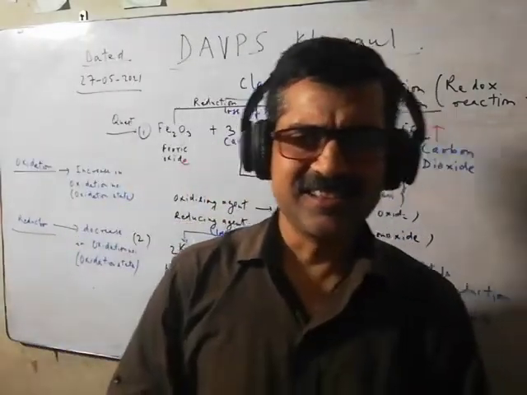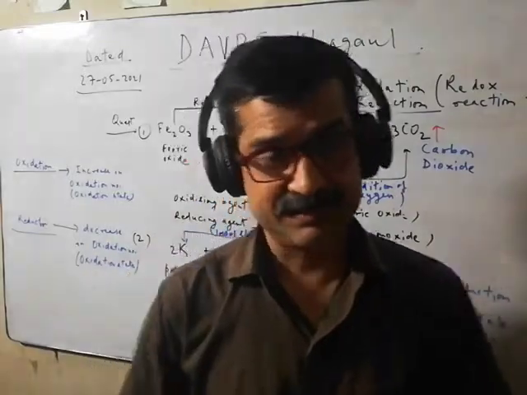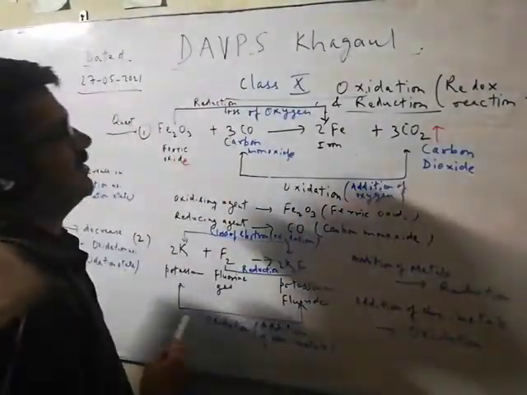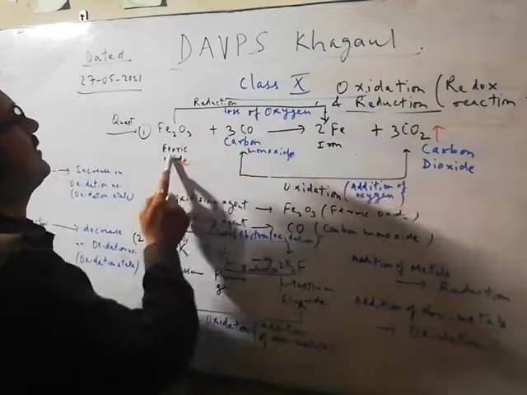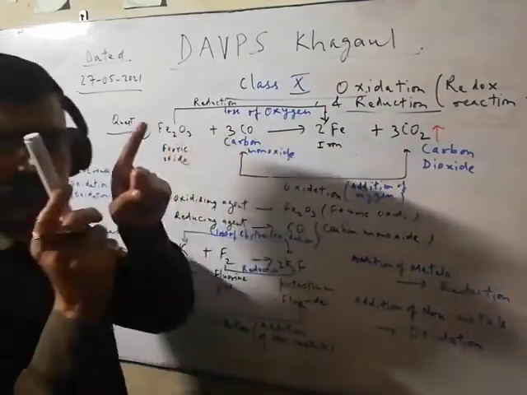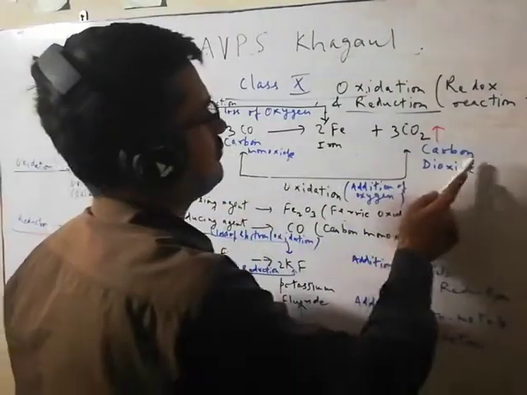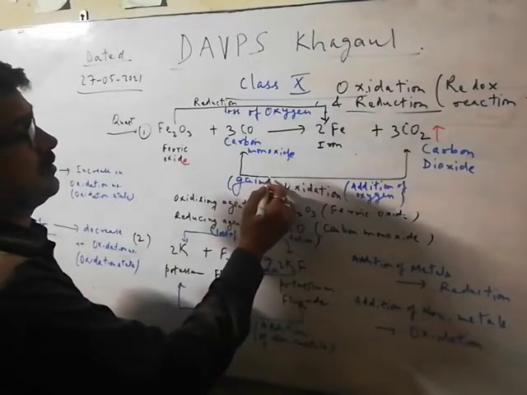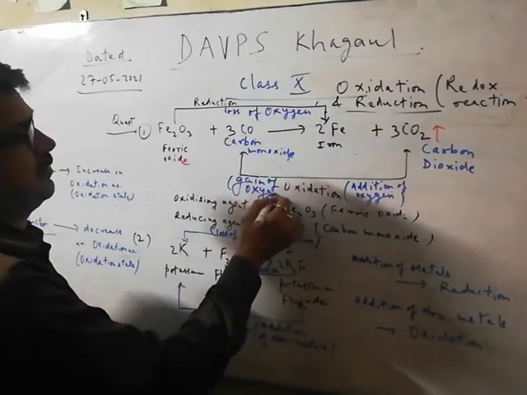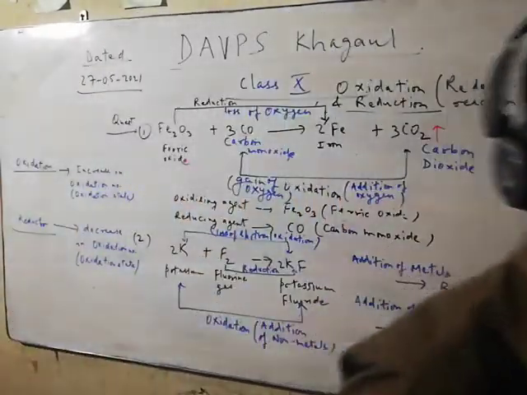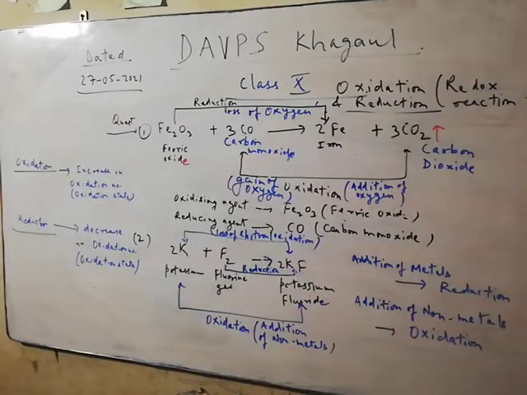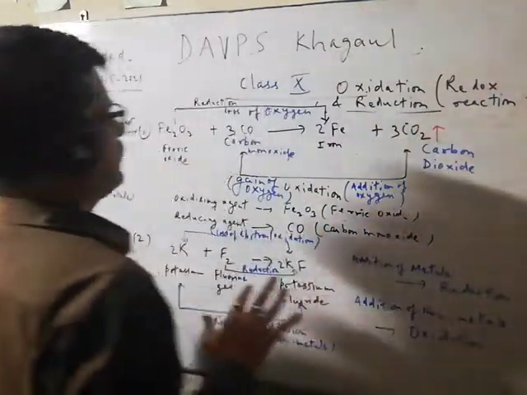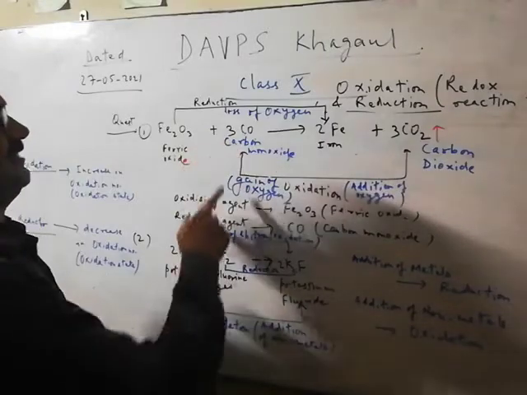With oxidation, reduction always occurs, because if there is loss of oxygen here, then there must be gain of oxygen somewhere. Gain of oxygen is always oxidation.